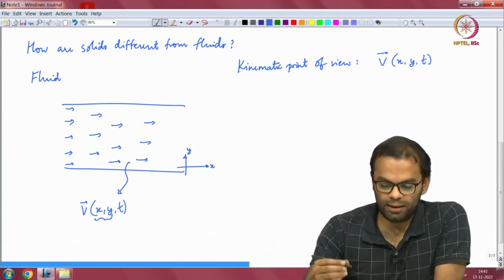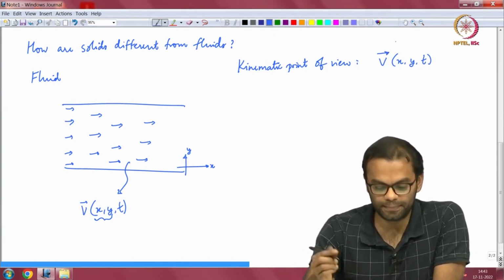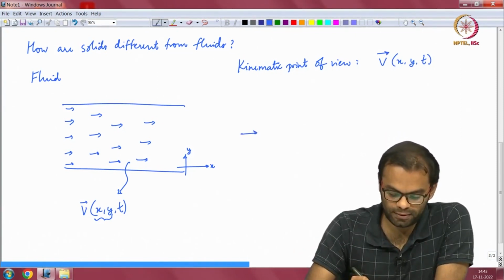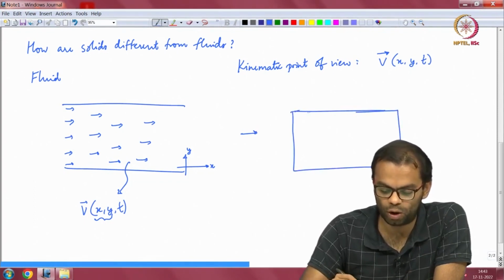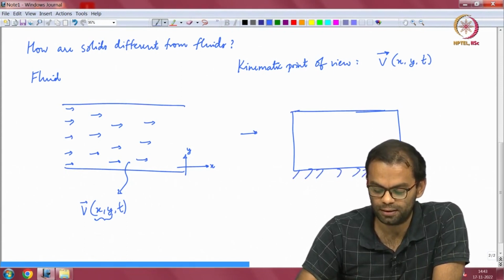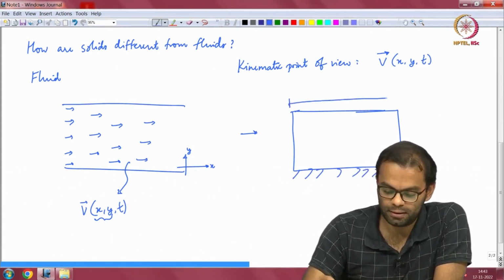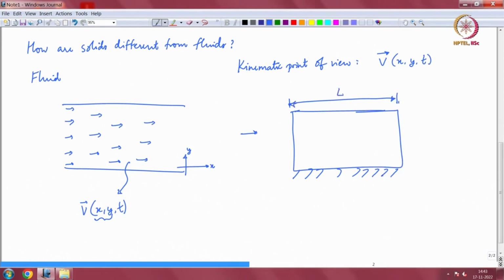Now, if you step back a little bit and ask the question, if this fluid started like this, so initially it was all stationary, so you have a top wall and a bottom wall, and the length of the channel is L, which is very large, and you have a fluid here.